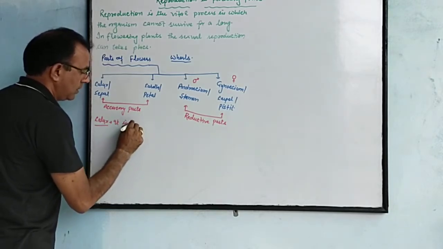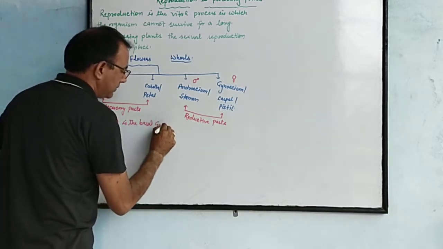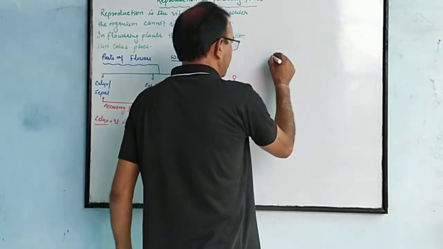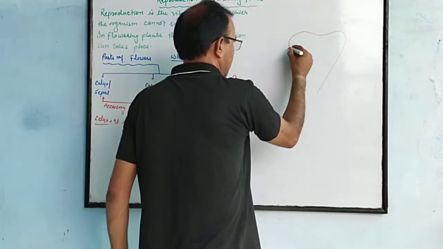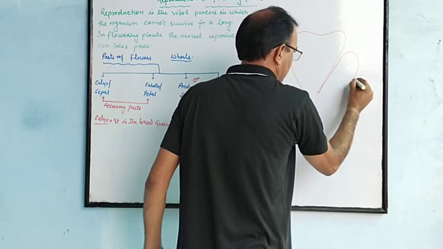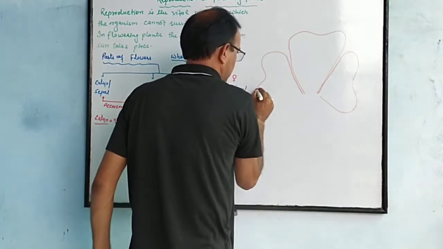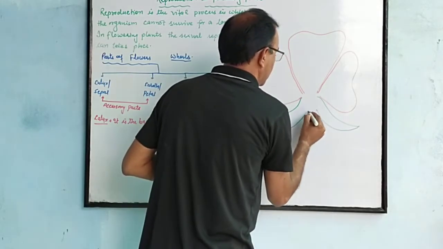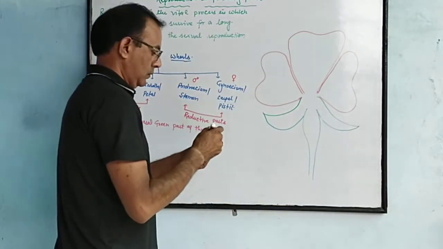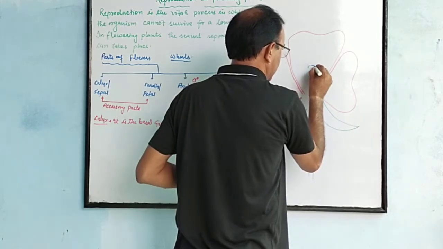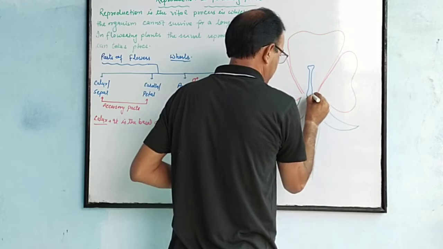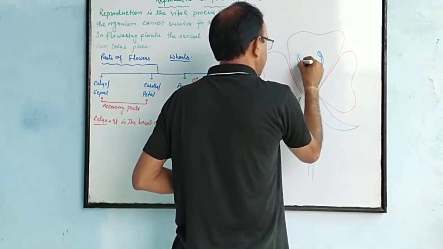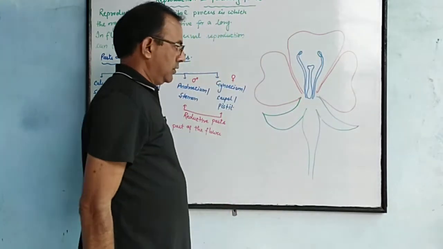Calyx is the basal green part of the flower. The green colored portion at the bottom of a flower, suppose this is the flower's whorl. These are the four parts of a flower.